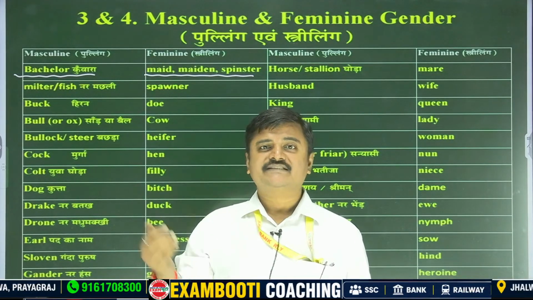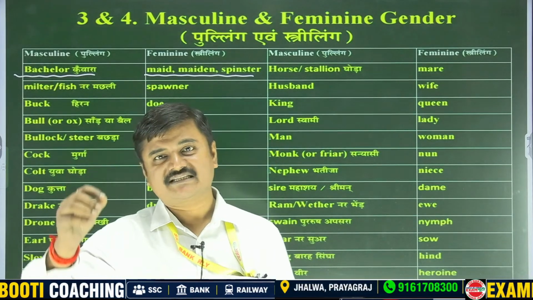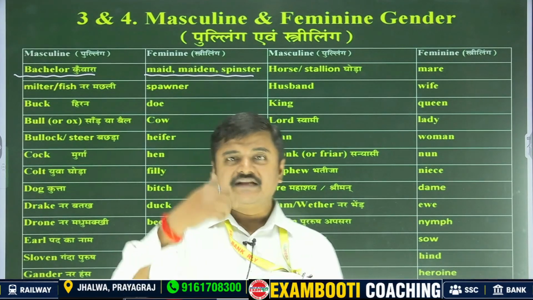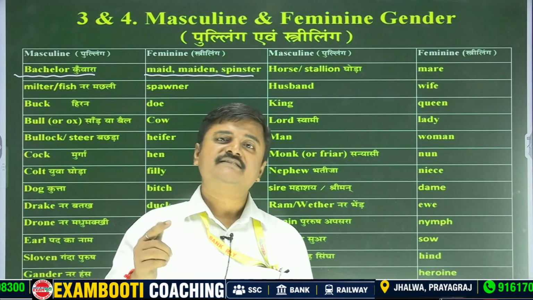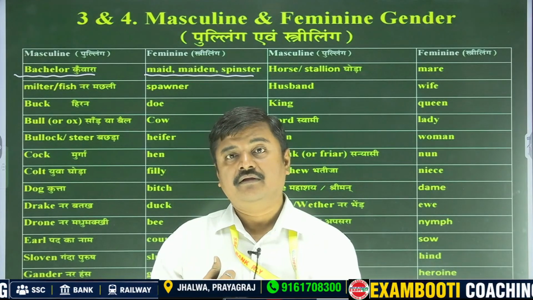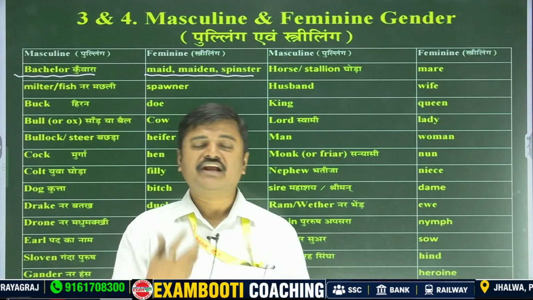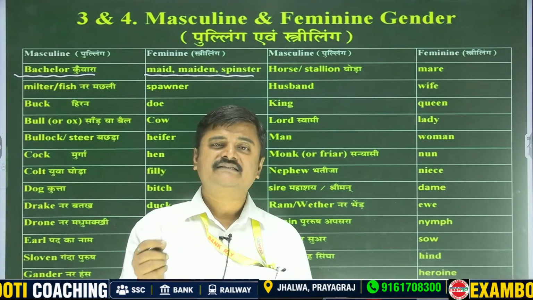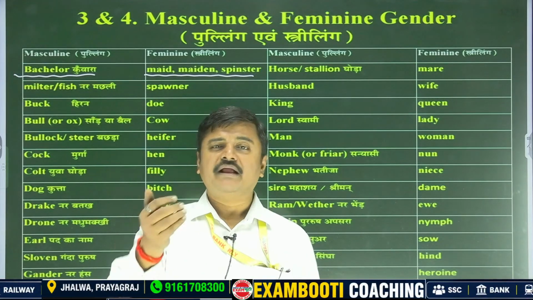If somebody has done a maiden voyage, it means he has done his first sea journey. If someone has delivered a maiden speech, it is his first speech. If there is a maiden over in cricket, it means the bowler conceded no runs. That's why it is a maiden over.